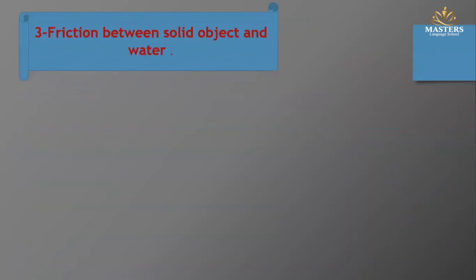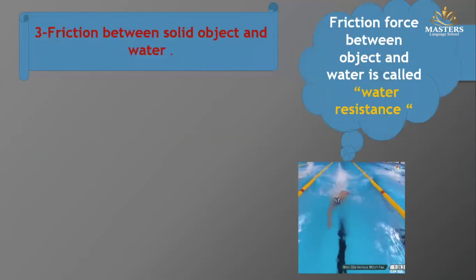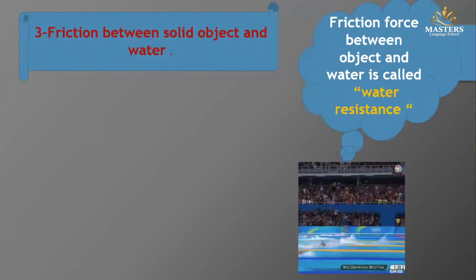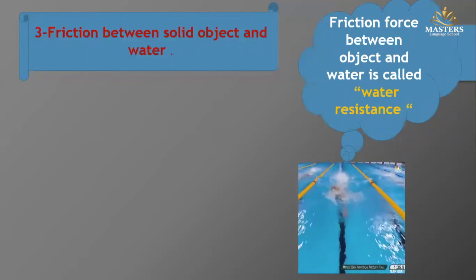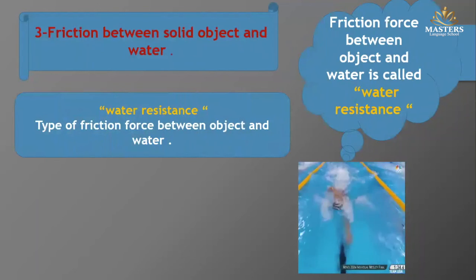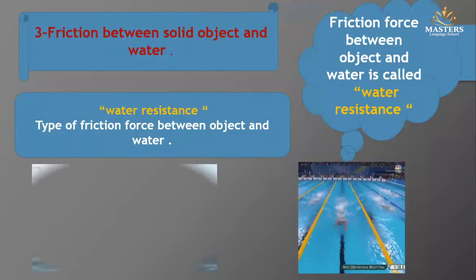Okay, now we have the third type of friction, which is friction between solid objects and water. When we swim in water, we have a friction force between our body and the water called water resistance. So water resistance is a type of friction force between an object and water. Good.